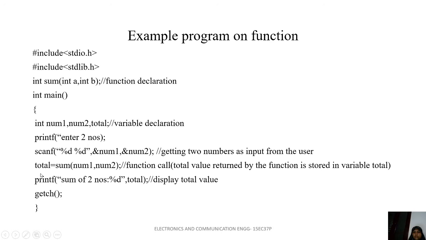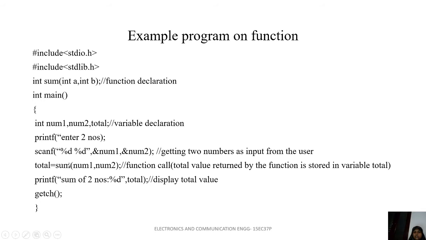Next, we are going to perform the total. Here we have one statement called the function call. As I have told you, the function call is followed by the function name. What is the function name? It is sum.